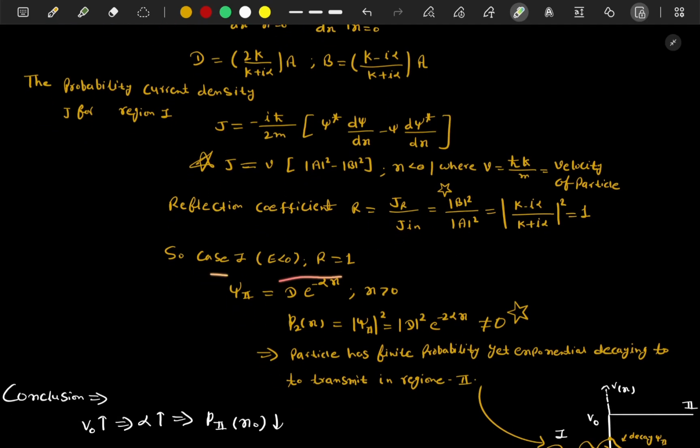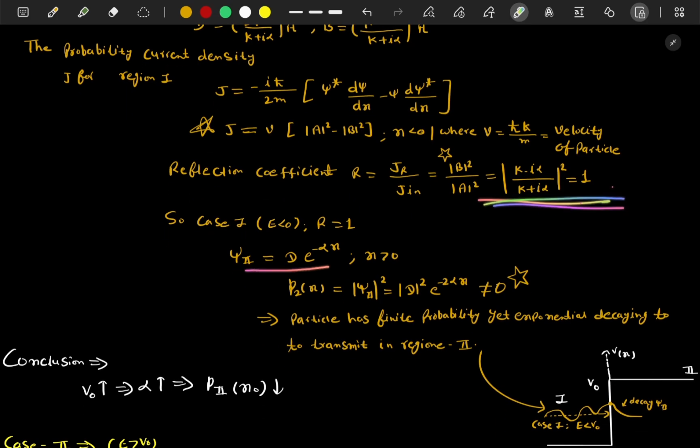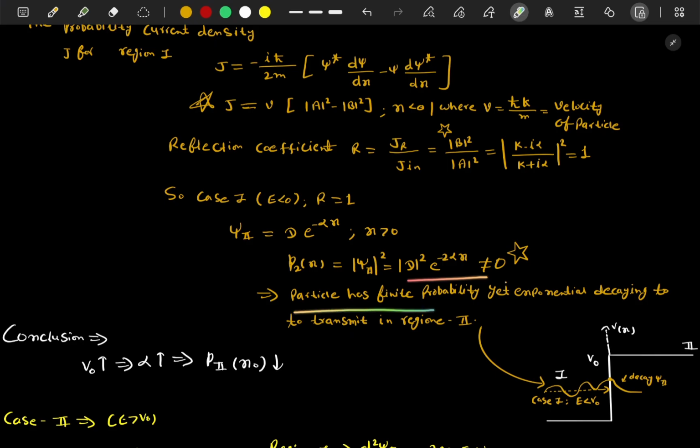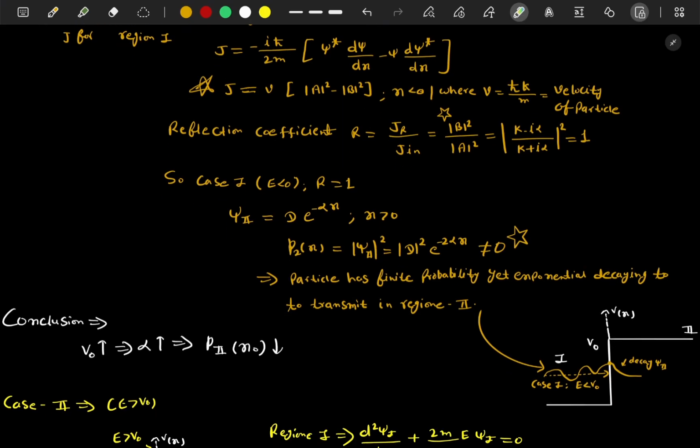And so for E less than V0 region, there is no transmission; only reflection back is possible. So R is 1, so T will be 0, and psi second is this. The probability of the wave function in the second region is non-zero. So what is it telling us? The particle has a finite probability, exponentially decaying, to be found in region second.